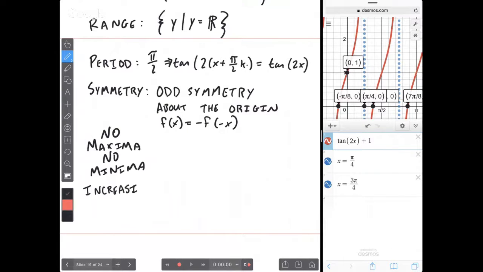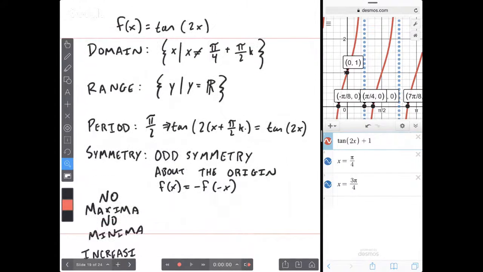Just because it doesn't have odd symmetry doesn't mean that it has even symmetry. This graph, if it had that plus 1 here, that would mean no even or odd symmetry. Even symmetry is only symmetry about the y-axis.